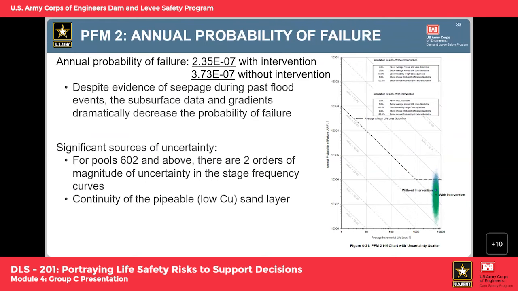The significant sources of uncertainty are, again, the uncertainty in the stage frequency, and more significantly, the continuity of that potential BEP susceptible material from upstream to downstream across the dam footprint.